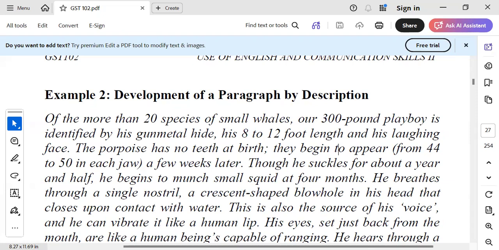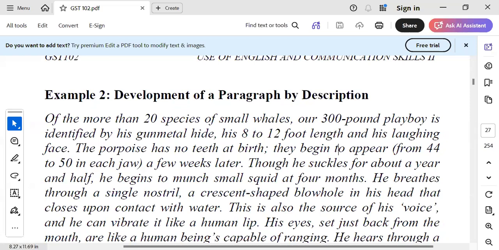So what are the things we can describe? In case you want to write now and you feel like, Sam taught us about description and I want to practice it, I want to write this my essay, this my paragraph, I want to use description. What are the things you can describe in a piece of writing? You can describe people.